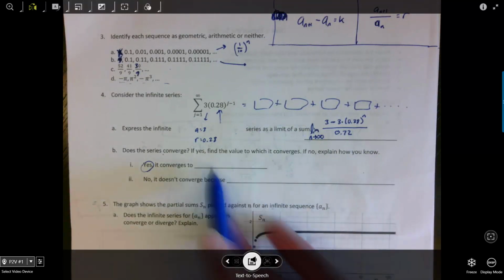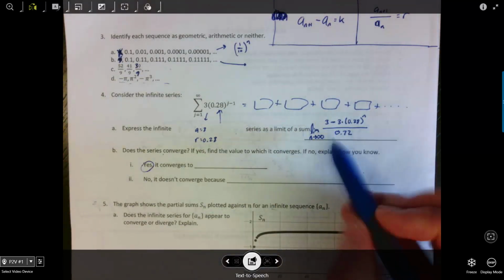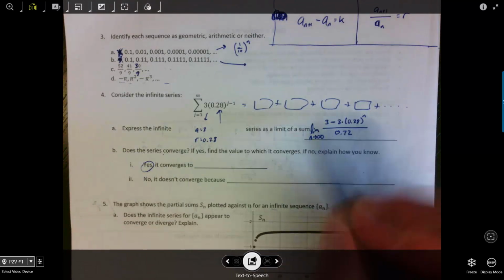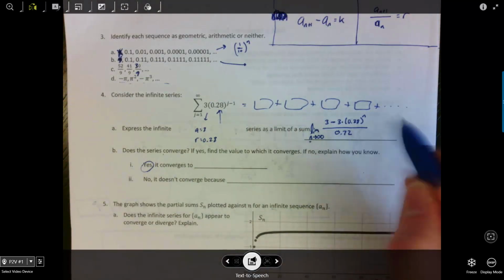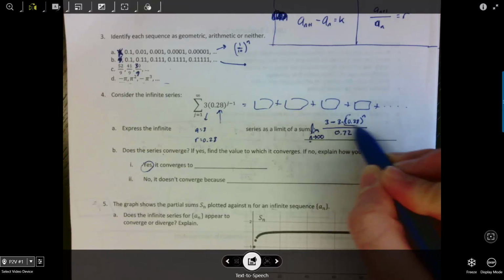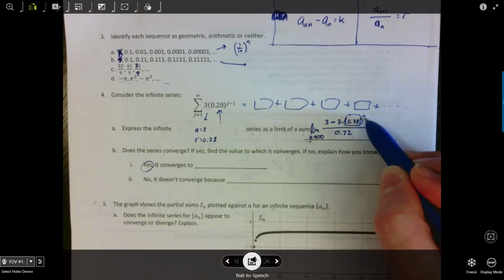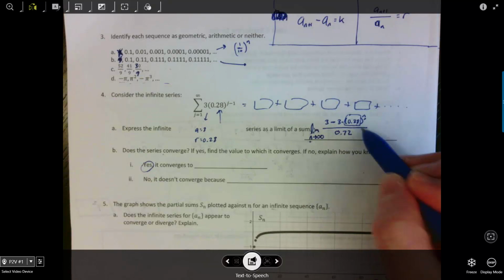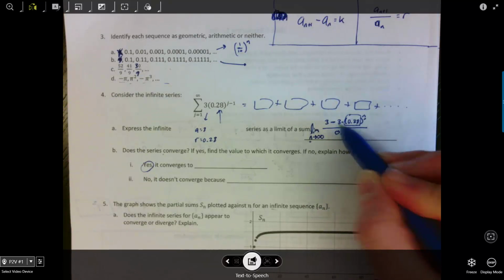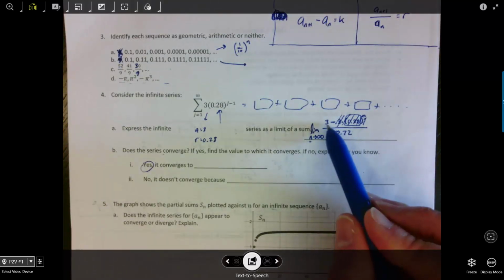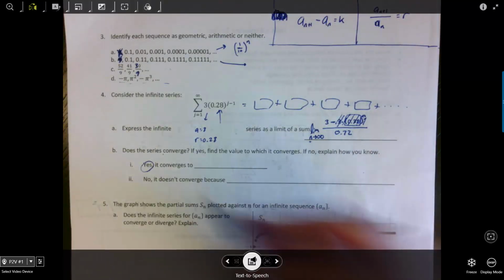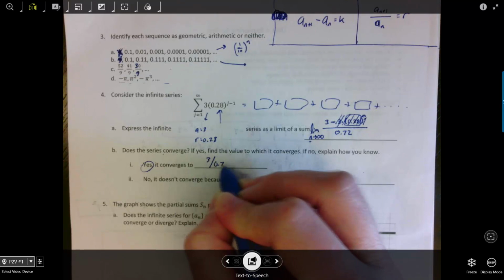And what it converges to, let's figure out by evaluating this limit informally. As n approaches infinity, if I have something smaller than 1 being multiplied by itself more and more times, it's going to approach 0, which means that this whole term approaches 0. So the result should just be 3 divided by 0.72, whatever that's equal to.